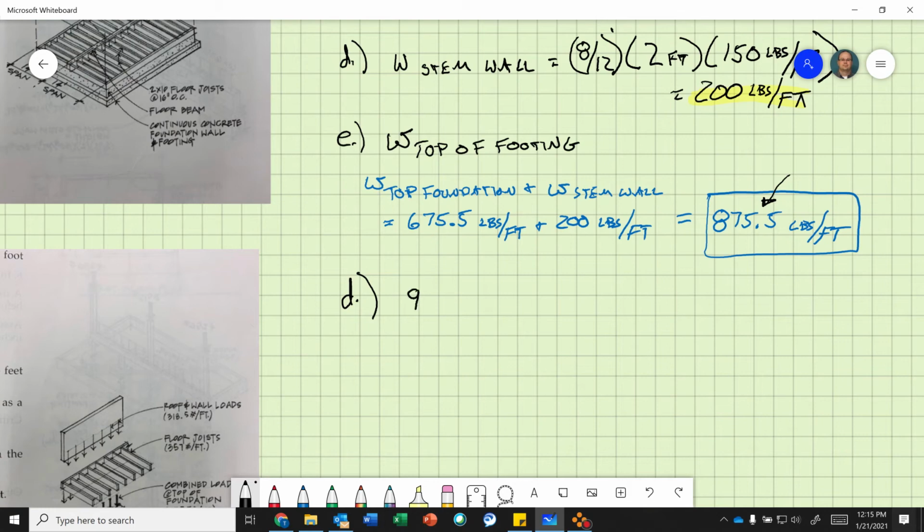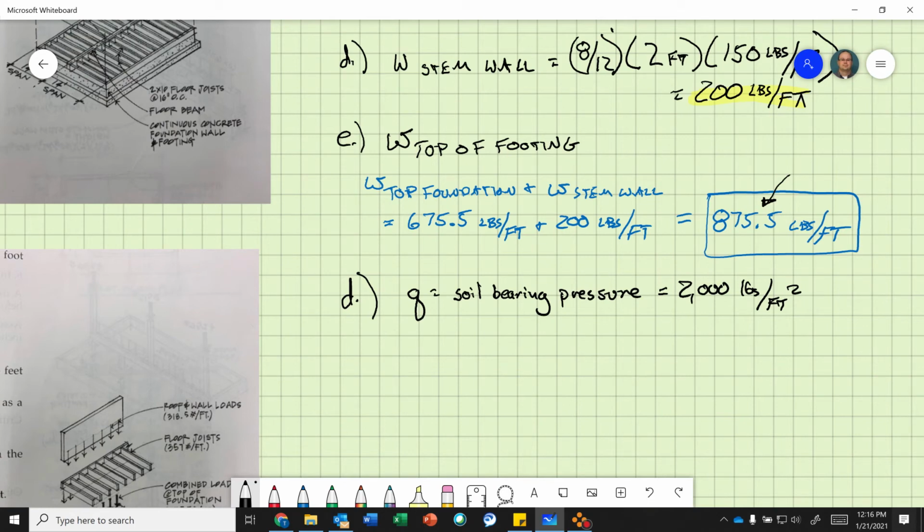So Q, I'm going to call that Q, equals soil bearing pressure, and that equals 2,000 pounds per square foot, because pressure is a force over an area.